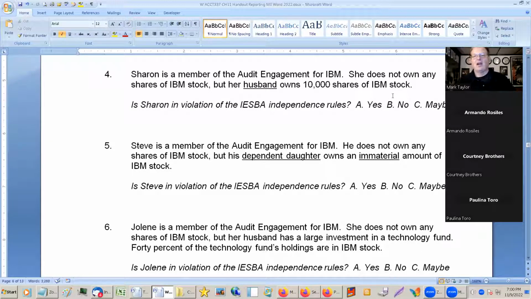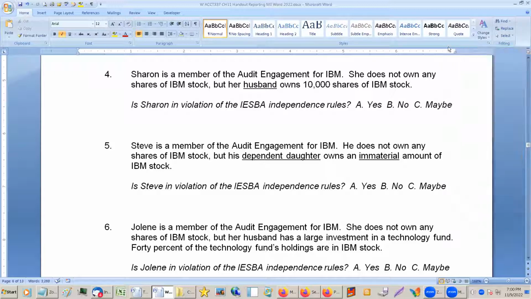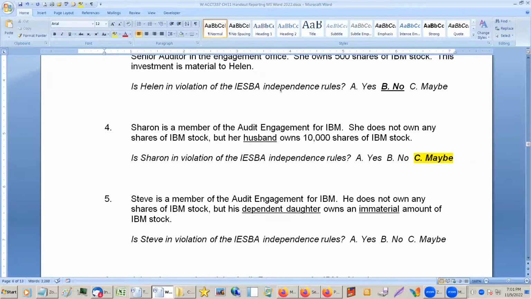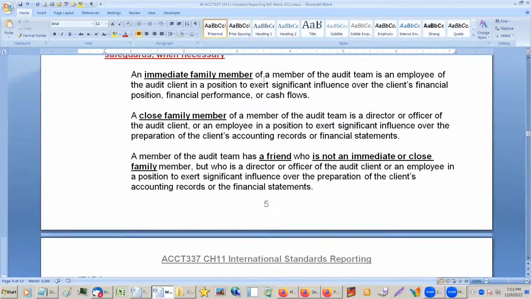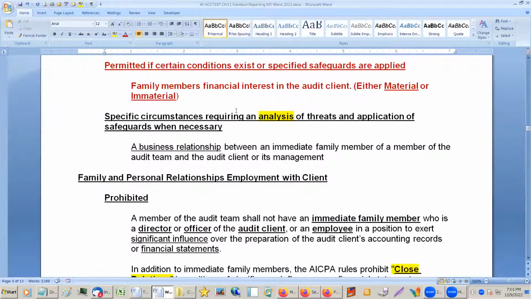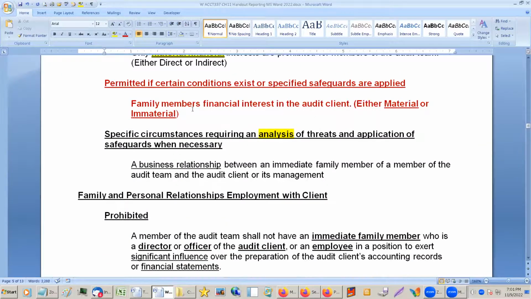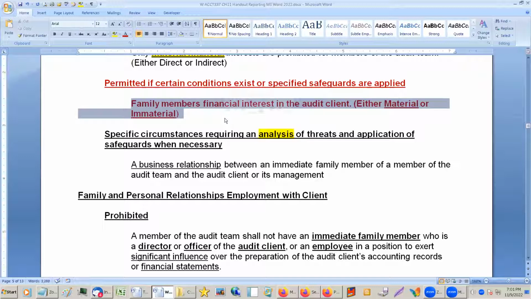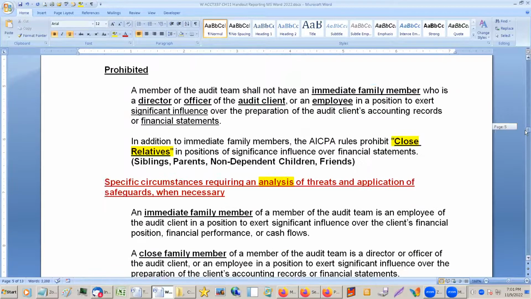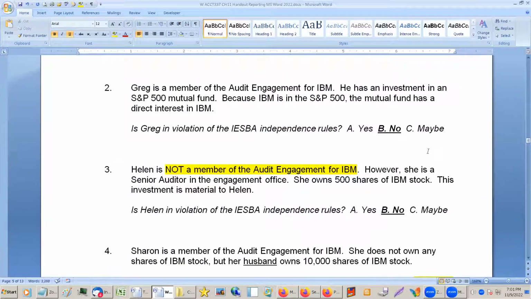Well, actually, maybe. It actually is maybe. Family members, you have to take those as a separate case, each one of them, to see if it's permitted, conditions exist, or specified safeguards apply. So this is a maybe.